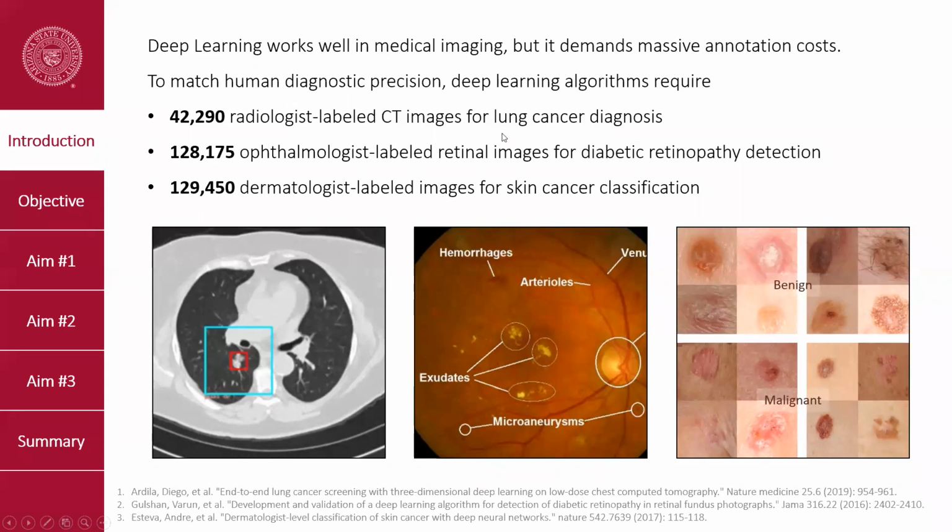To achieve human-level lung cancer detection, more than 42,000 CT images should be annotated in such a way. Similarly, more than 120,000 images need to be annotated to detect another disease. As you can see, annotation is a very important factor for the success of deep learning in most common diseases.